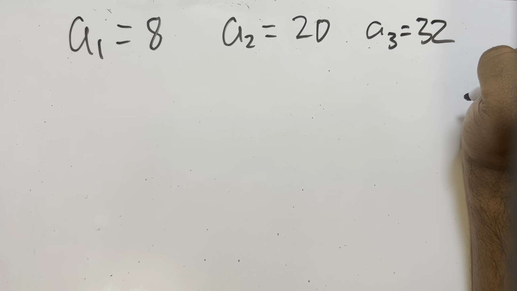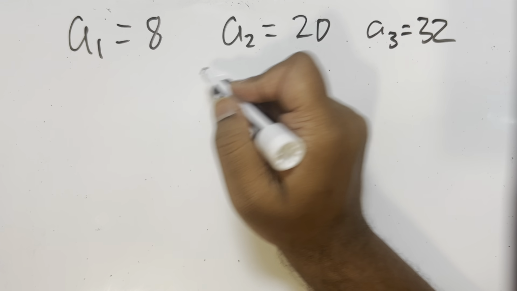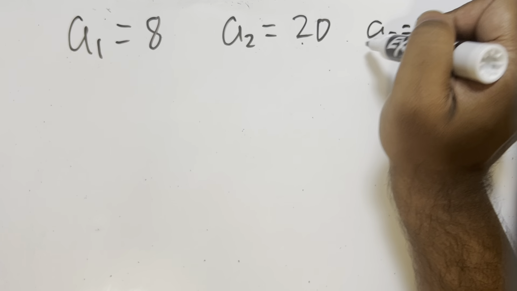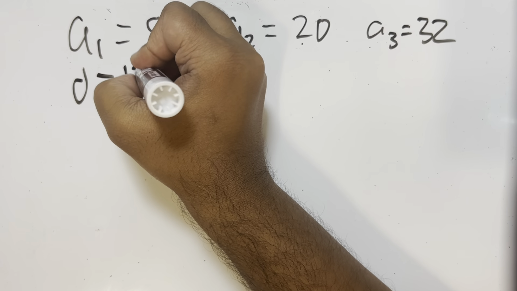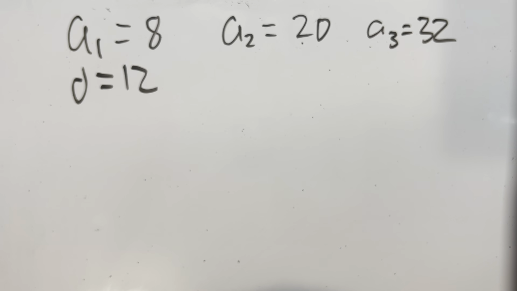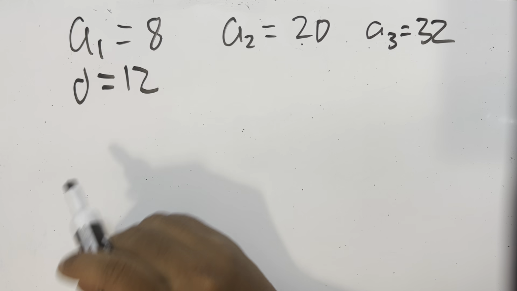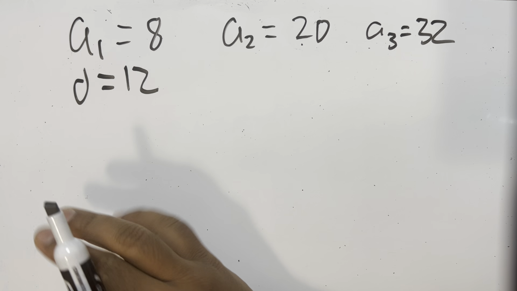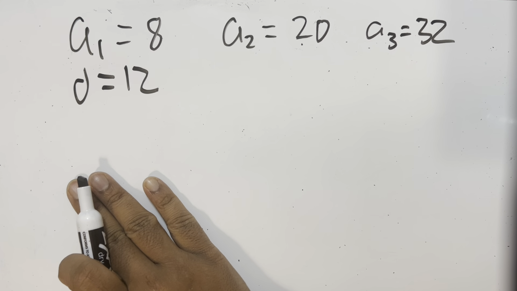So as you can see, it is going up. You start at 8, you add 12, you add 12. So a common difference here is 12. All right. So our common difference here is 12. A1 is 8. Common difference here is 12. Now it's asking to find the explicit formula. Now the explicit formula looks just like a function.